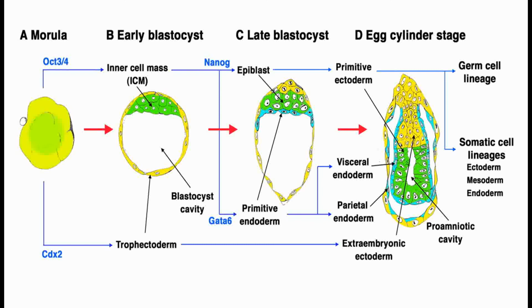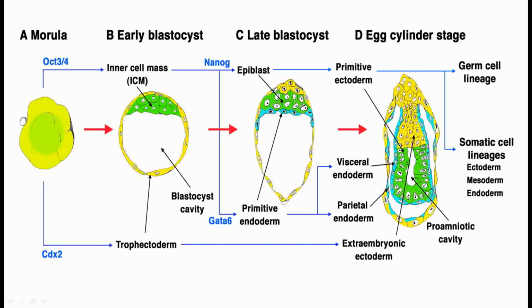Here you can see how all these cells are formed. Step by step with the signaling pathway all the things are given. This is the morula state. Here the signaling pathway includes OCT3-4 and CDX2.